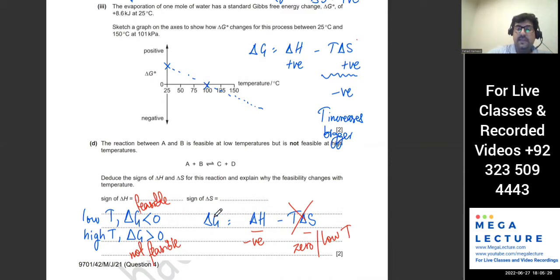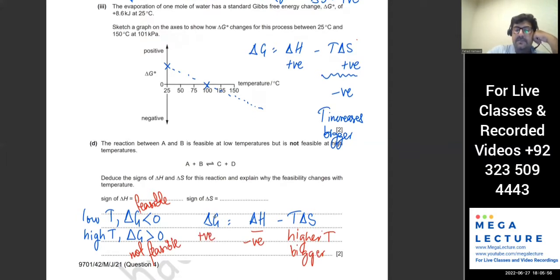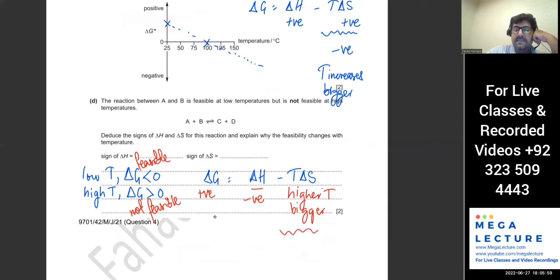Now, the only way it becomes positive is that when I go to a higher temperature, this value becomes bigger. But he's saying that it becomes not feasible. That means this thing becomes positive. The only way that is possible is that this entire thing has a positive value.